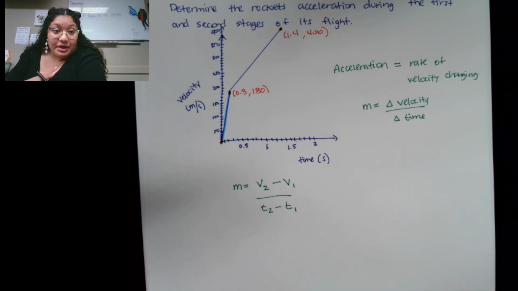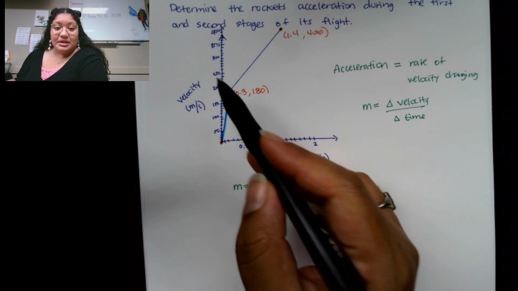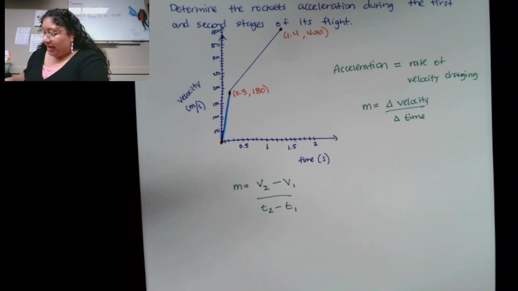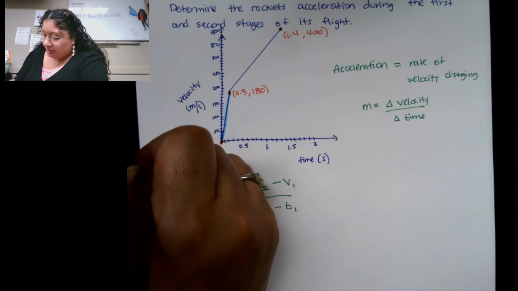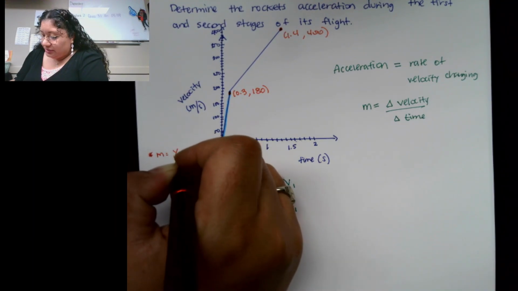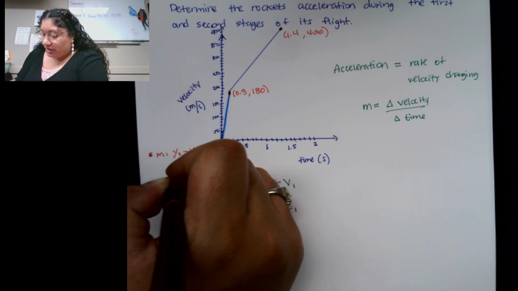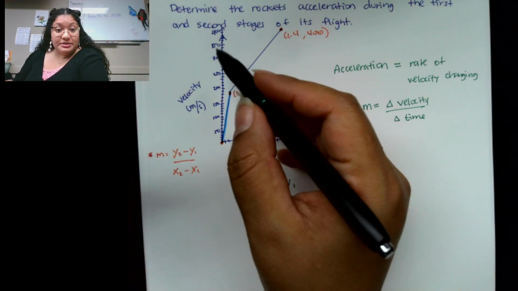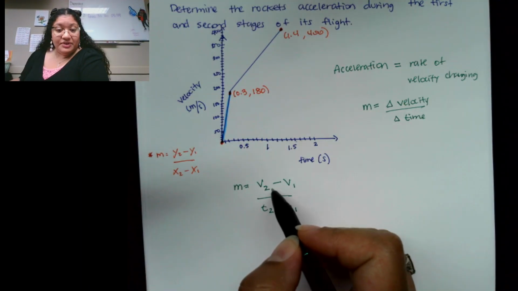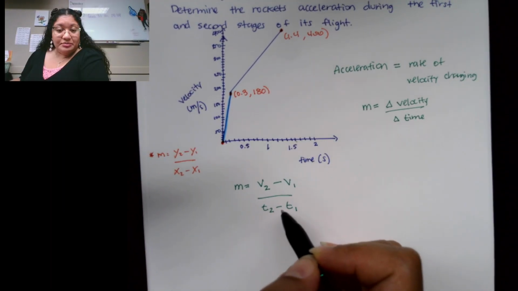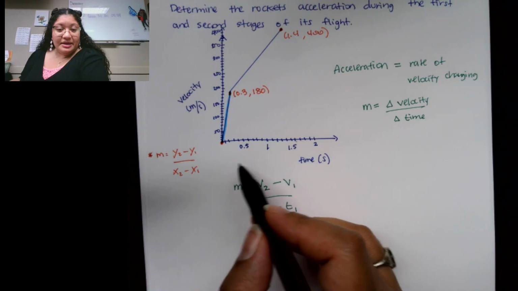Again, I'm using velocity and time because the y-axis is velocity. If my regular equation is y2 minus y1 over x2 minus x1, well here, my y's are my velocity, so v2 minus v1 over time 2 minus time 1, because this is my x section.